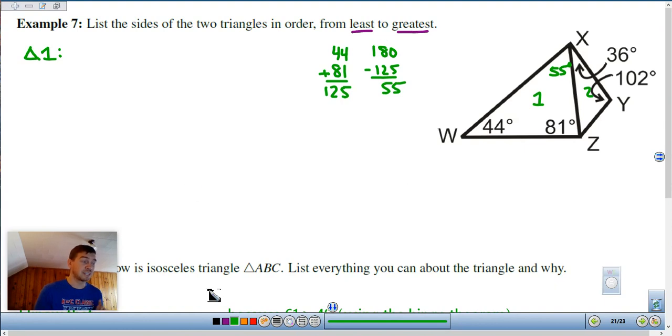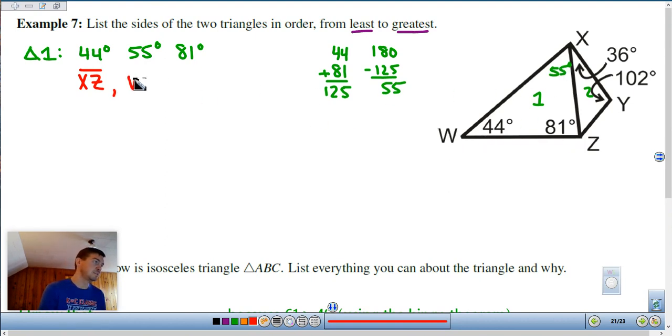So from least to greatest in triangle 1, these are the angles: 44 degrees, 55 degrees, and 81 degrees. The side across from 44 degrees will be the shortest side. That is side XZ. Across from 55 is WZ, and then across from 81 is WX.